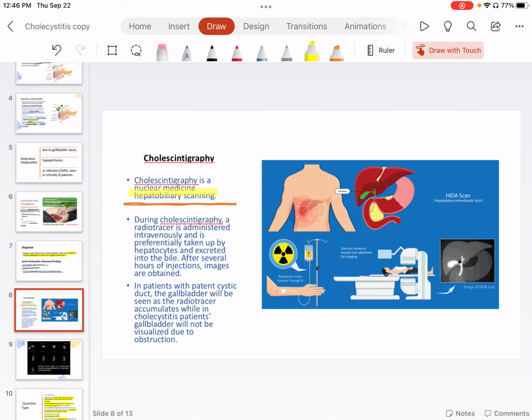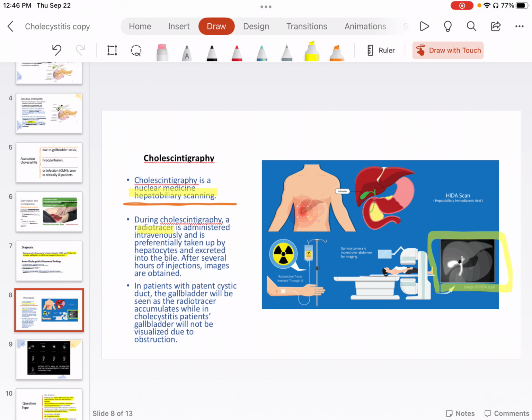What's going on in the cholescintigraphy? In a normal individual, when an individual is intravenously injected with the radiotracer, which is taken up by hepatocytes and excreted into the bile, after several hours of injection, images are taken.